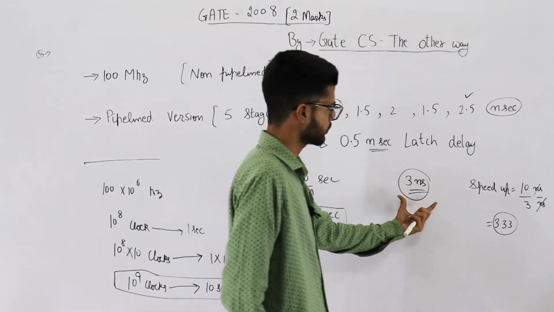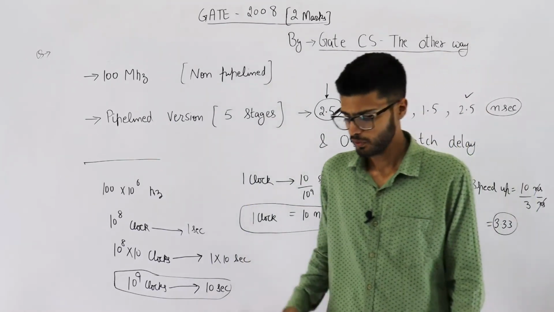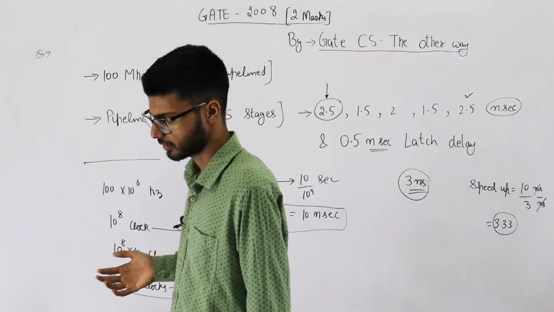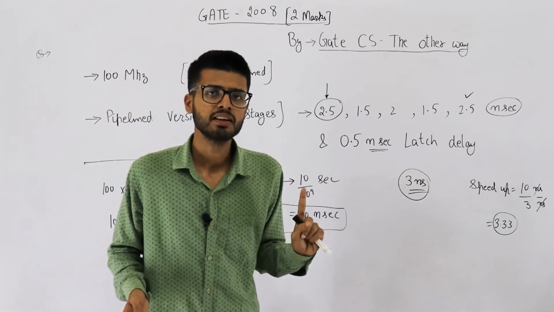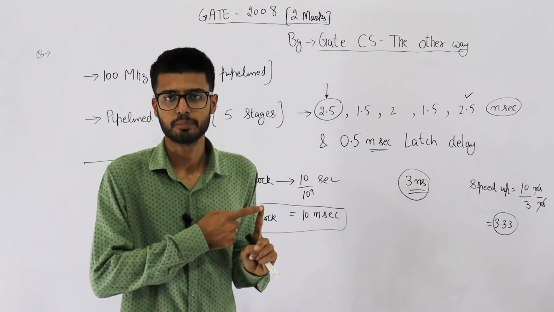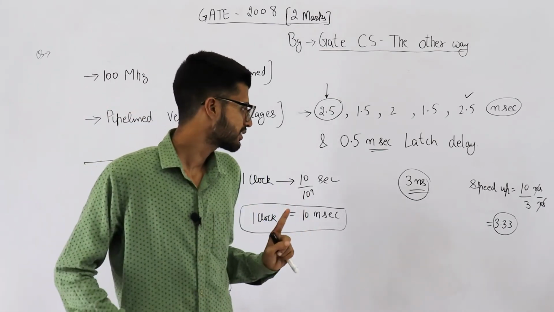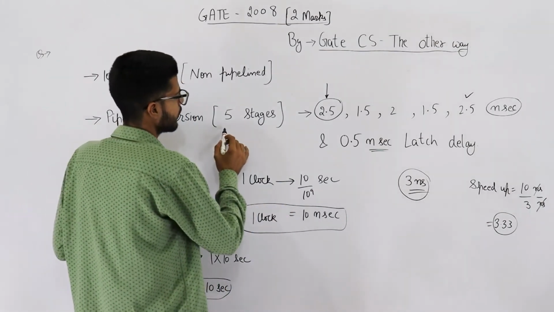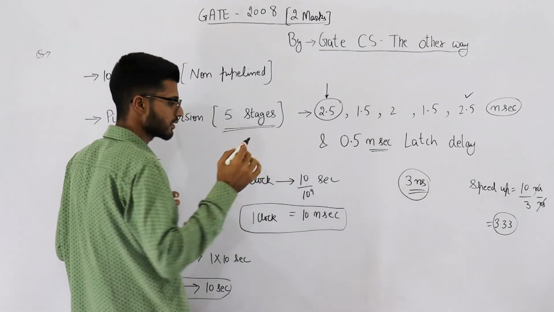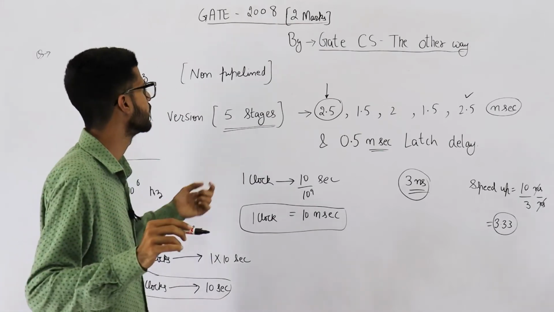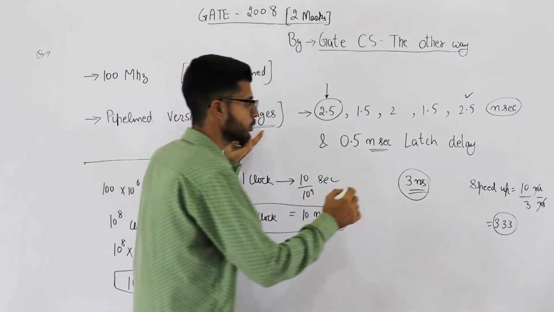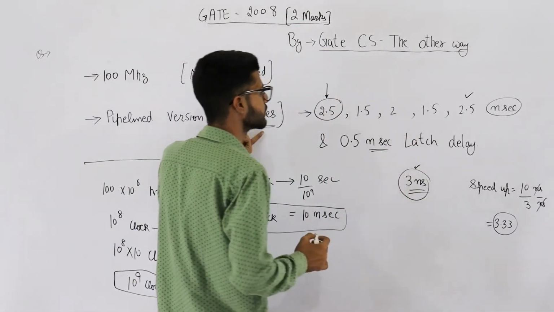Now, how is this possible? Because for very large number of instructions, only one instruction is the exception. The first one. First instruction requires all 5 stages because at the time the pipeline is empty. 5 stages into 3 nanoseconds for each stage.